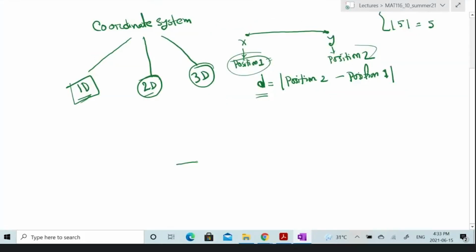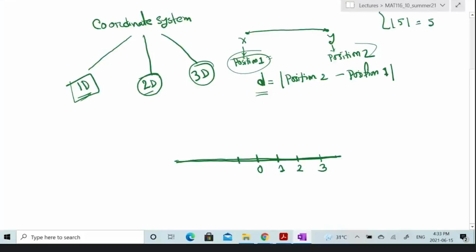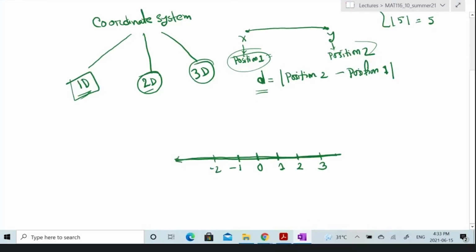So for example, we have a line. This is a line. And we put some real numbers on top of that line as points. Real numbers means we're going to have all the integers like 0, 1, 2, minus 1, minus 2, whatever it is, as well as the fractional numbers, like say half, like say 3 by 2, say minus half.